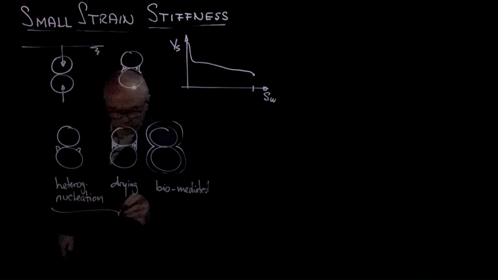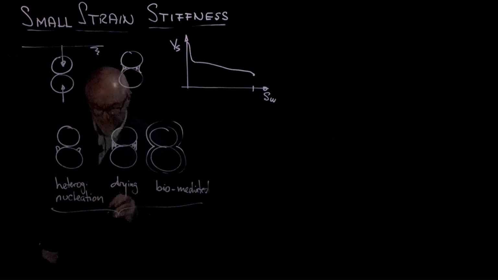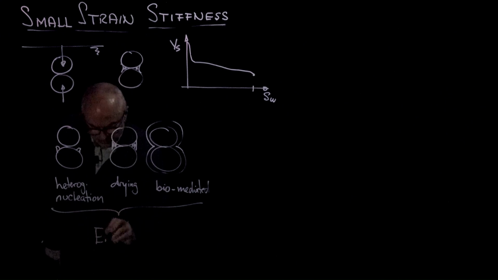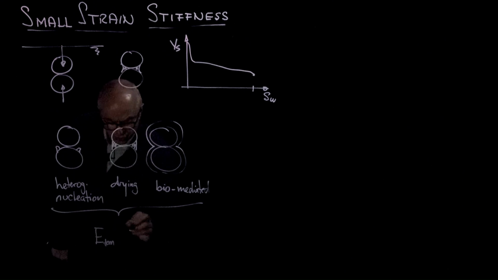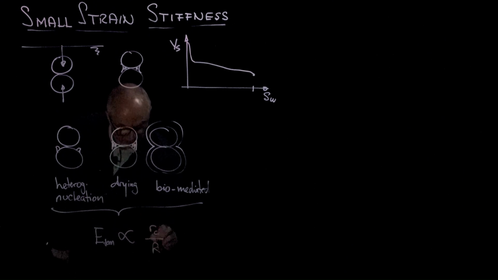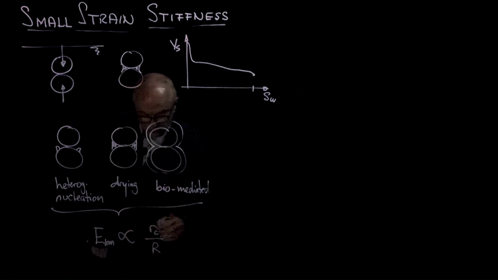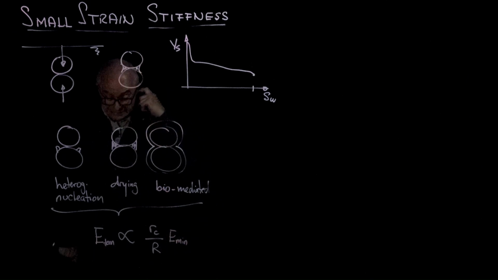And now we can go back to what Hertz told us, that the small strain tangent modulus is going to be proportional to the radius of the contact with respect to the radius of the particle, just to make dimensionality correct here, by the modulus of the mineral that makes the particles. And there is some factor here as a function of Poisson's ratio.